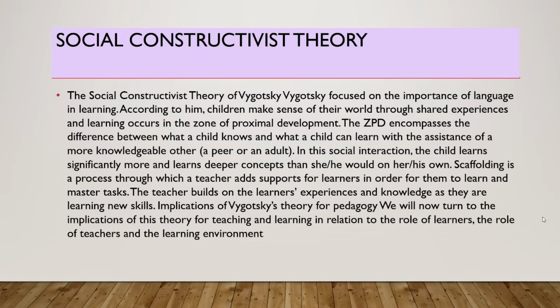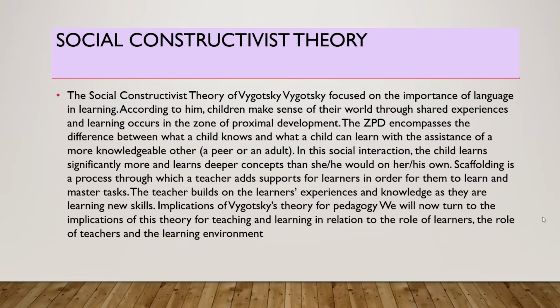So now when we look at the language, we're developing what they don't know to what they will know. And that gap that you are acting in between as a teacher is the zone of proximal development. This encompasses the difference between what a child knows and what a child can learn with the assistance of more knowledgeable persons, such as you, the adult or the teacher.